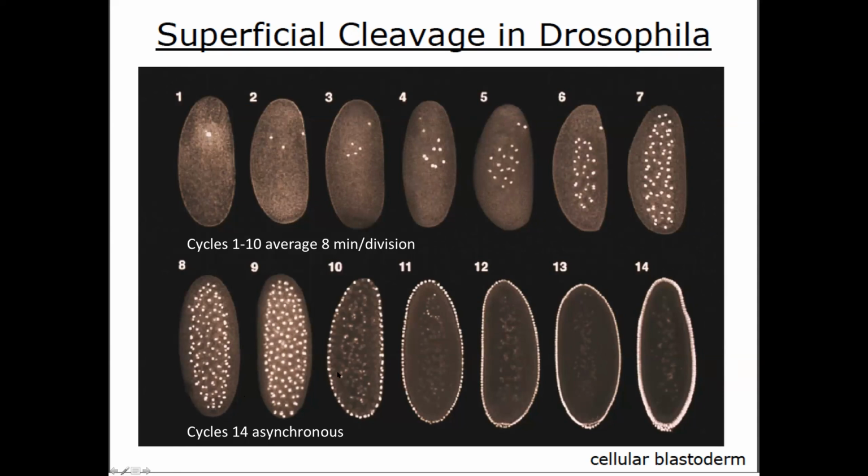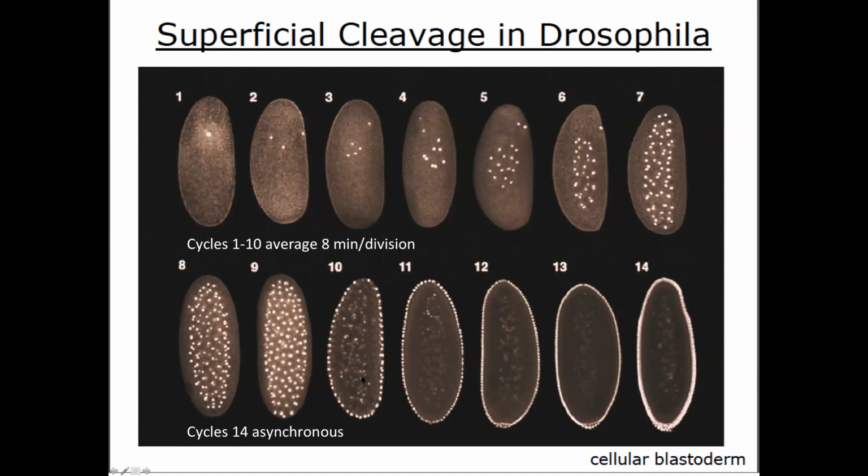Pole plasm meaning at the posterior end, the cytoplasmic determinants are not the same as the anterior end. And the cytoplasmic determinants at the posterior end sensitize a few nuclei to migrate towards them. So a few sensitized nuclei will form the primordial germ cells. They're called pole cells, and will give rise to the future gonads.